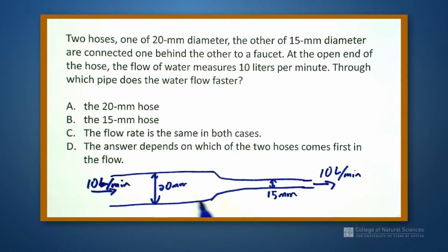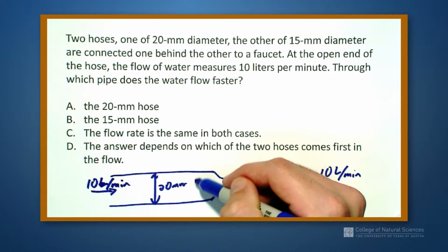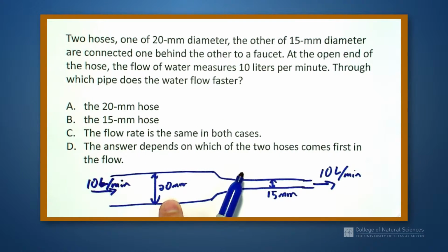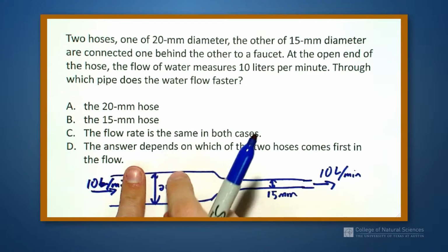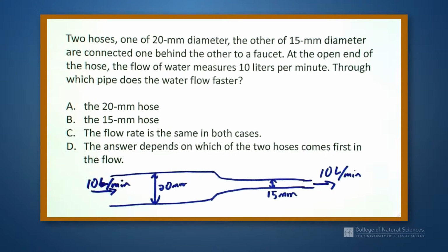If there's 10 liters per minute flowing into it, the amount of volume that can flow through this pipe is a large volume for a small area or a small length. So what's going to happen is that we're going to invoke the continuity equation that says the same amount of liquid flows through both parts.